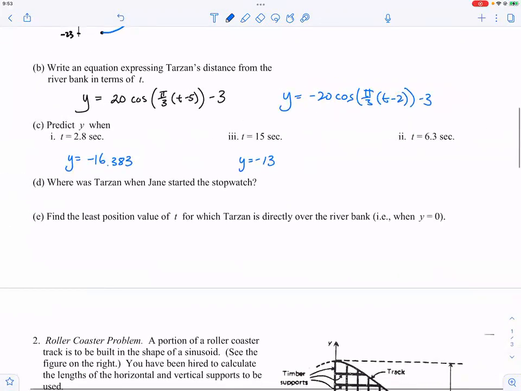And for t equals 6.3, I've got y equals 1.158. So if you get the first one right, chances are you would get the remaining two correctly, because that means you typed the equation correctly and you know how to use the trace function, so that should be quite reassuring.